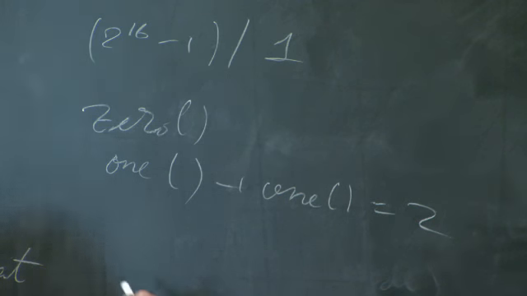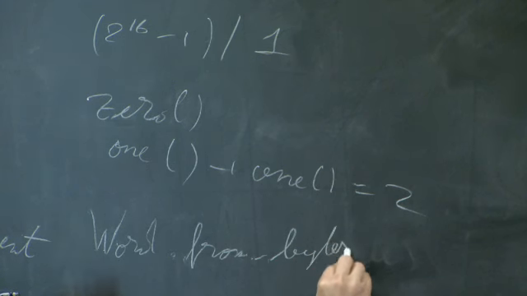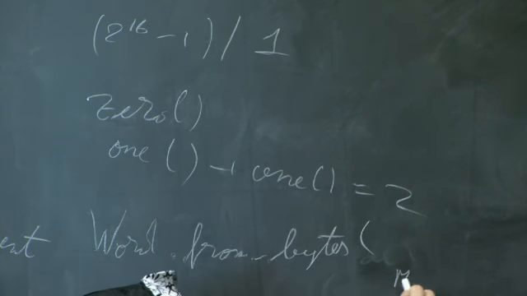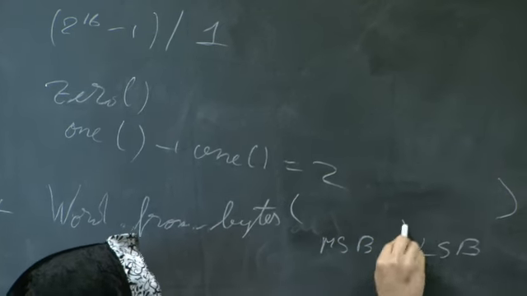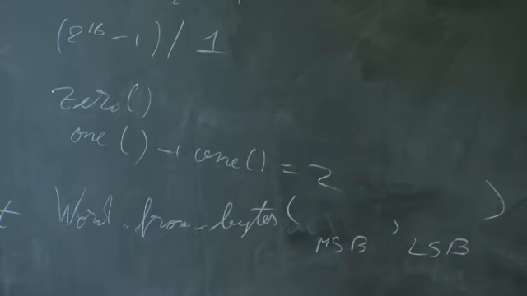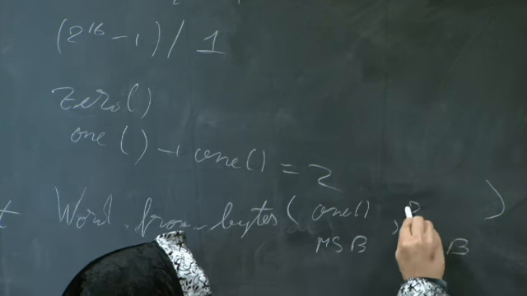So there's a method on Word called from bytes, and it takes an MSB and an LSB, and it gives you a word. So what would I give it? Let's give it a 1, and let's give it a 0.